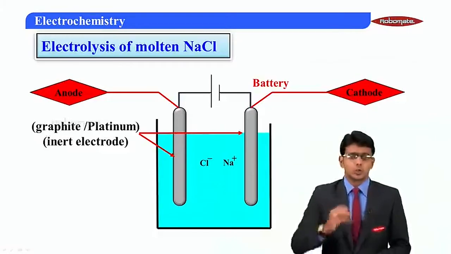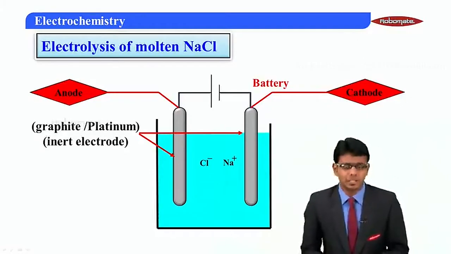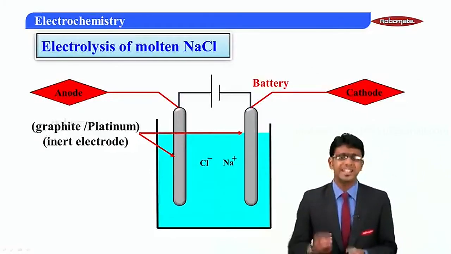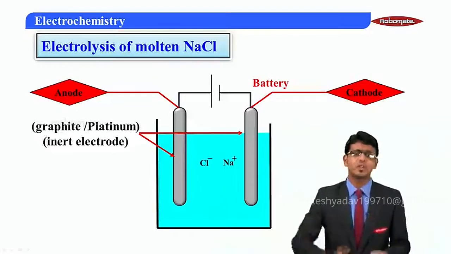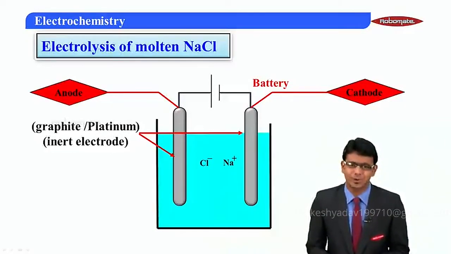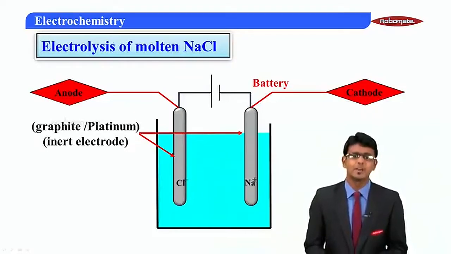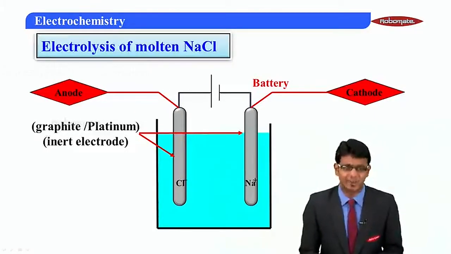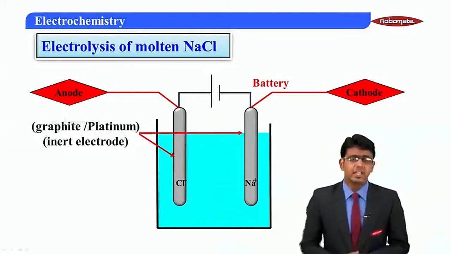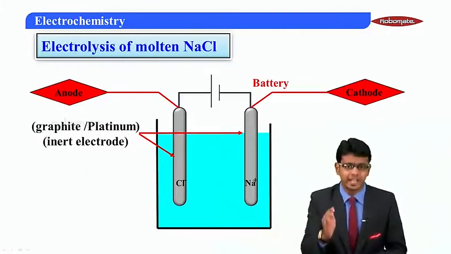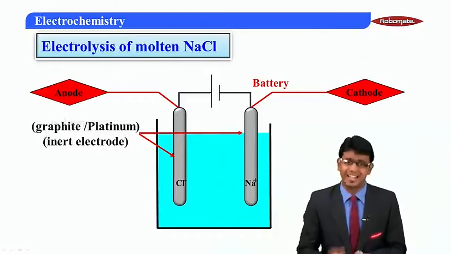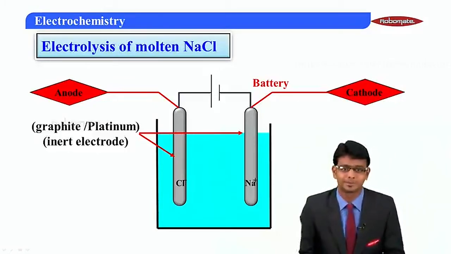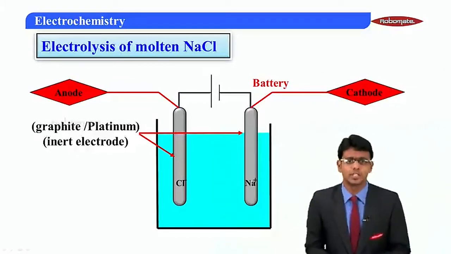So students, when the current passes through this electrolyte, the ions get attracted towards their respective electrodes. Na plus will be attracted towards the cathode, Cl minus will be attracted towards the anode. In this process, the negative terminal of the battery acts as an electron pump, so it pumps electrons into this electrode.